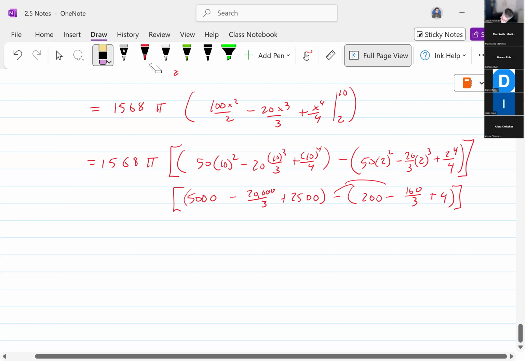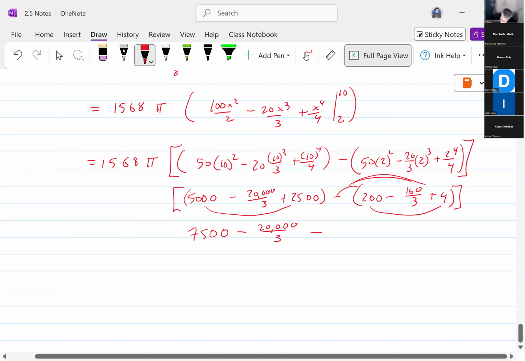Distribute, maybe combining some like terms in the process. Okay, let's see. So we can combine these, we can combine these. So this is going to become 7,500 minus 20,000 over 3 minus 204 plus 160 over 3.